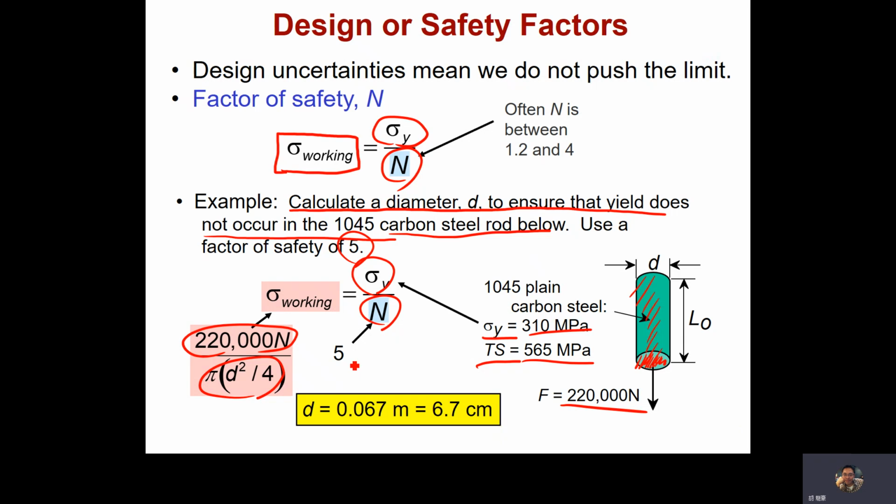If the safety factor equals 5, you can figure out its diameter. So do you think the safety factor of 5 is large or small?